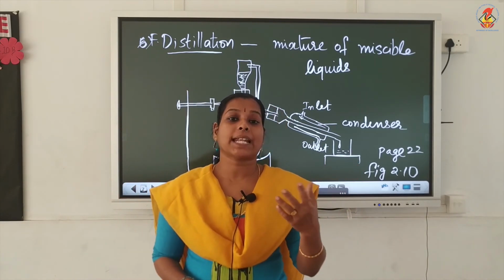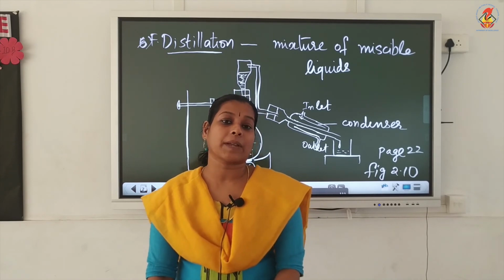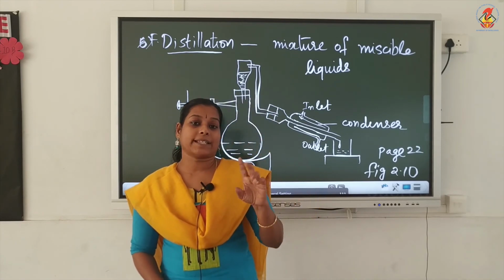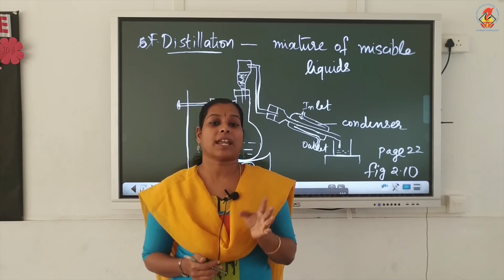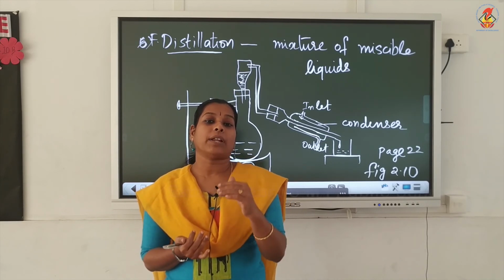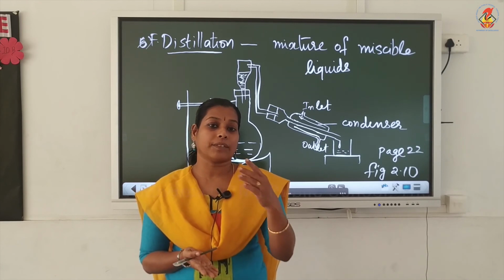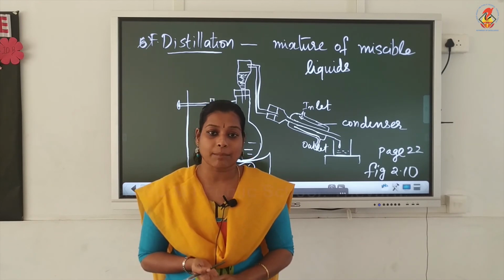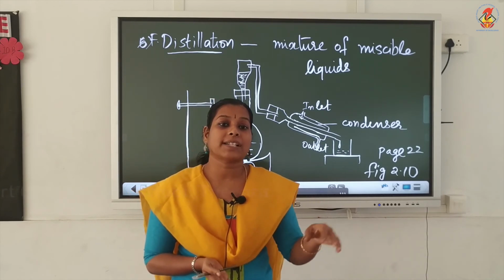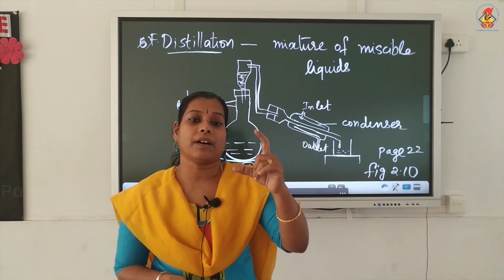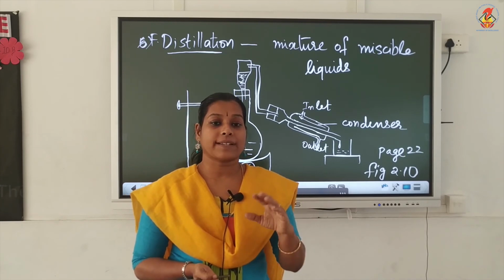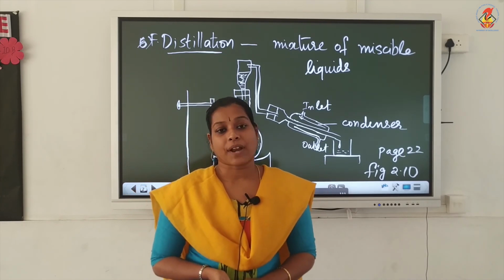That is the difference between distillation and fractional distillation. First, the components in the mixture do not have a sufficient difference in boiling points. Second, in fractional distillation we insert one more system, the fractionating column.